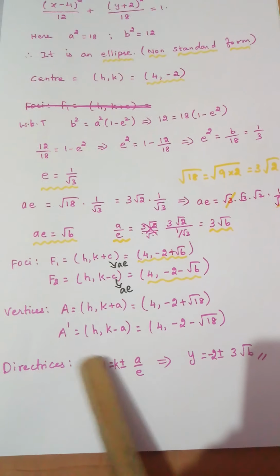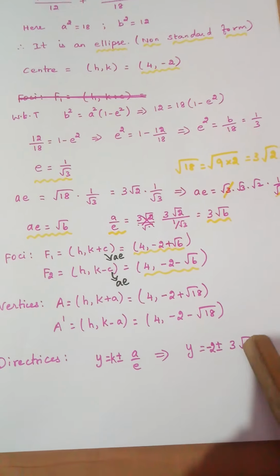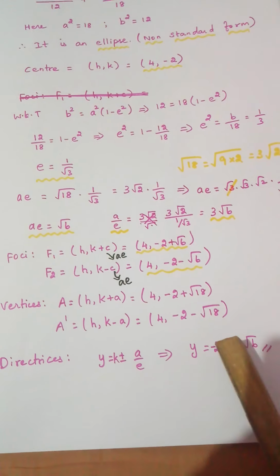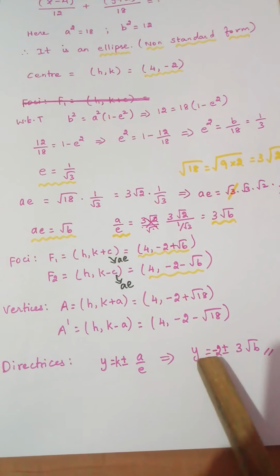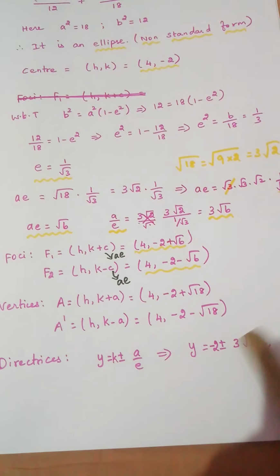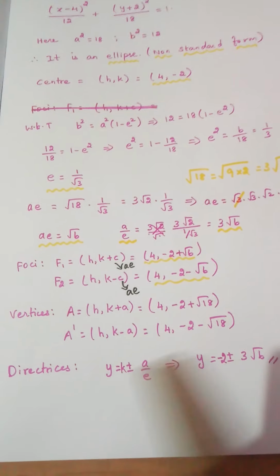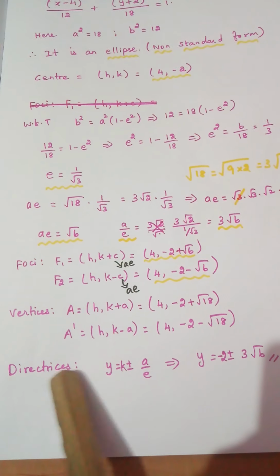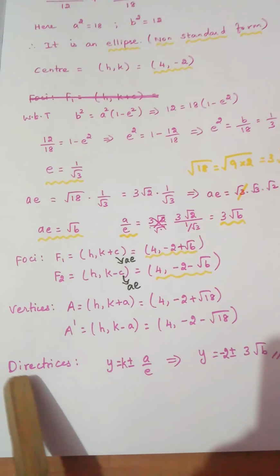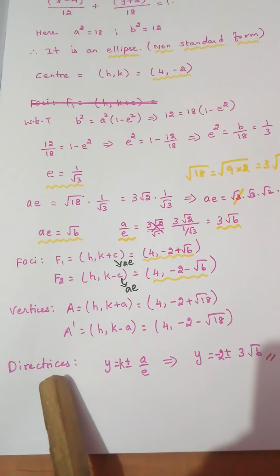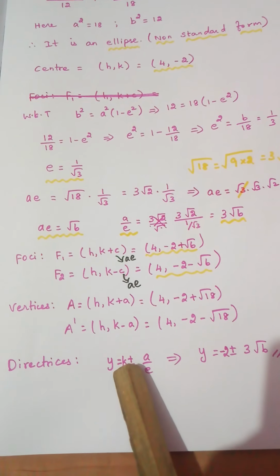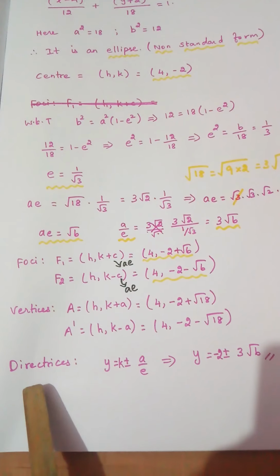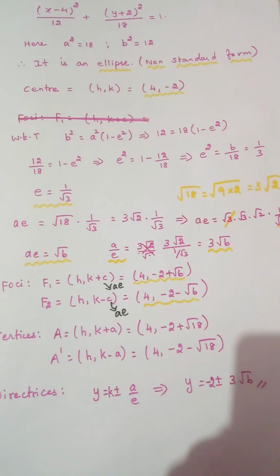Don't ask why directrices is plural when we are getting only one equation. Plus or minus means two answers: minus 2 plus 3 root 6, and another one, minus 2 minus 3 root 6. Actually two directrices are present here, that is why we write directrices in plural form. What is the formula? K plus or minus A by E. Why does K come? Because it is the non-standard type. I think you will understand this also.